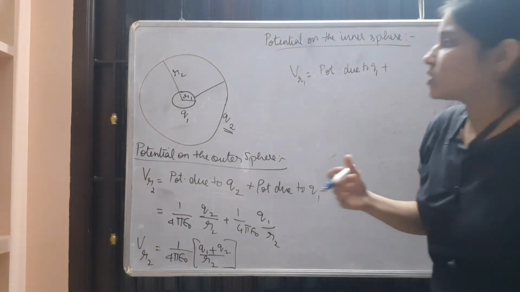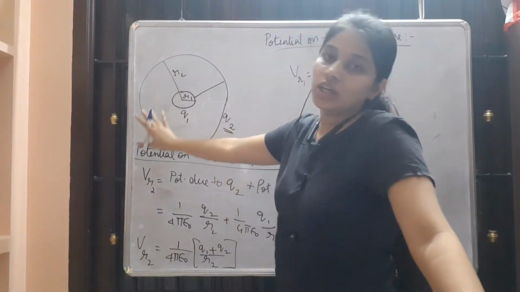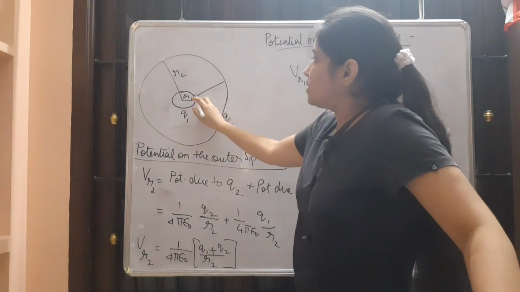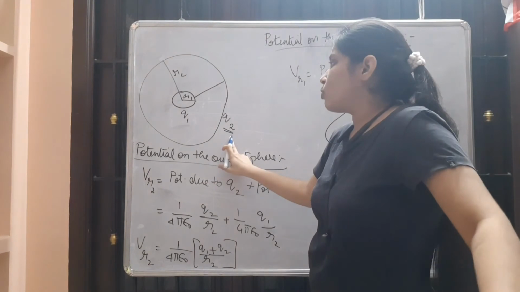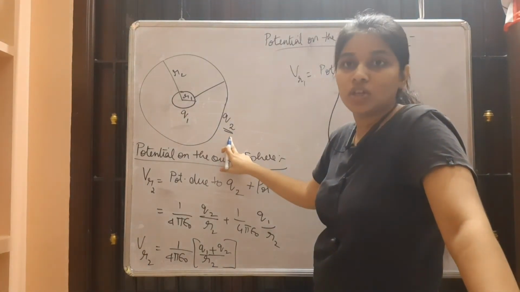Because we have studied that inside a shell the potential is constant at all points. So at this point also you will have a constant potential, equal to the value on the outer surface of the shell.